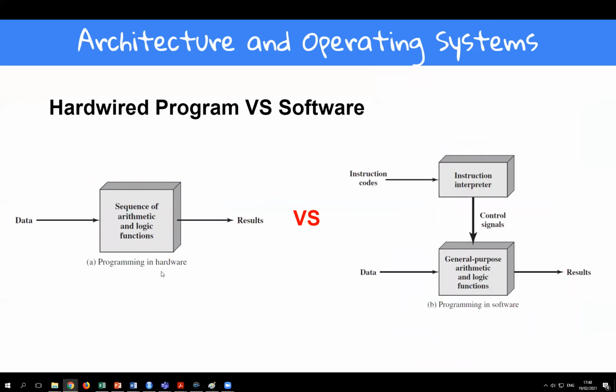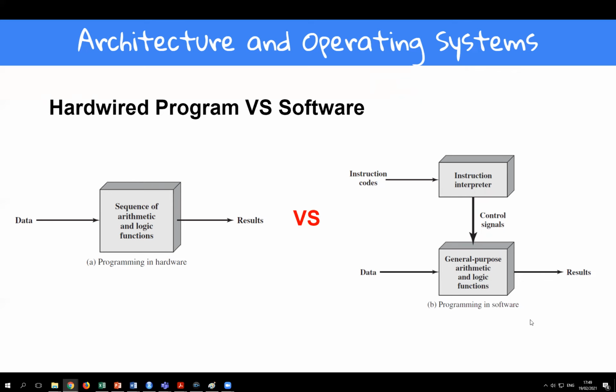Also, we discussed programming hardware and programming in software. In the hardware, we've got the circuit, and manually we've got to create a circuit, then load it with the data and get the result. But in programming software, instructions are stored as a code, and then they are interpreted and send the signal to the general purpose arithmetic and logic unit that we have, and then it's loaded by the data and the results are released.